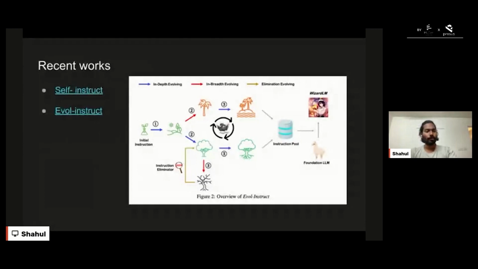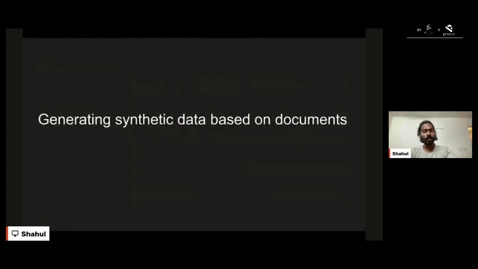The second, which is also the most recent, is Evol-Instruct, the method used by WizardLM to produce high quality synthetic data for fine-tuning and training. They also have an evolve mechanism, as you can see here, which ensures a high quality data set with diverse samples.